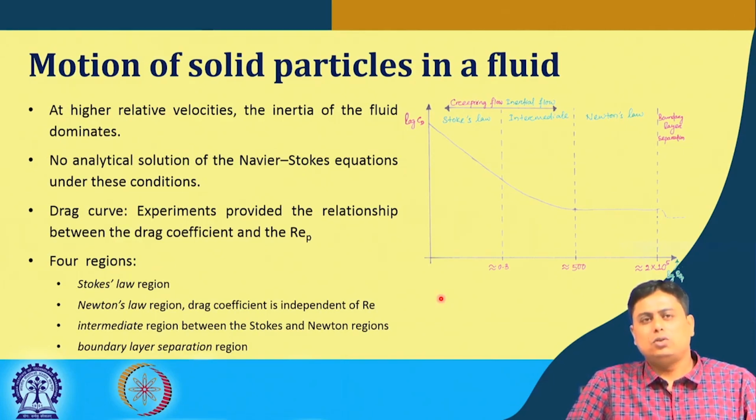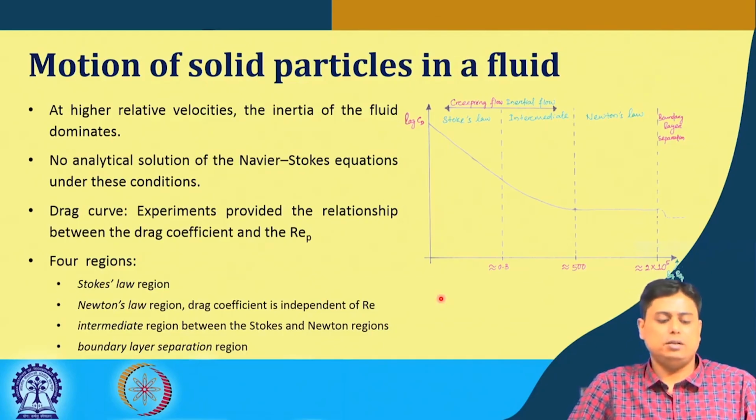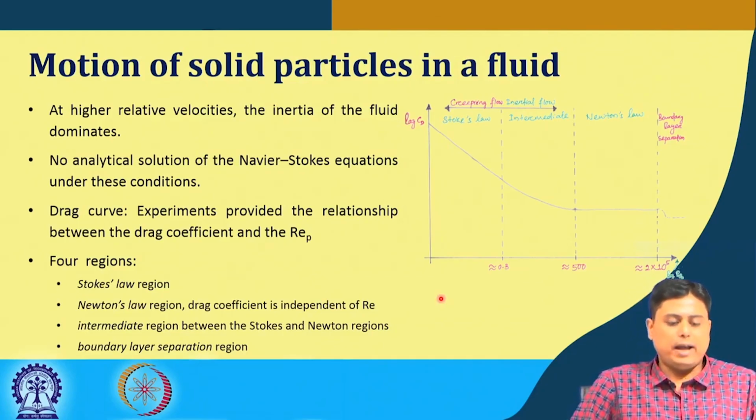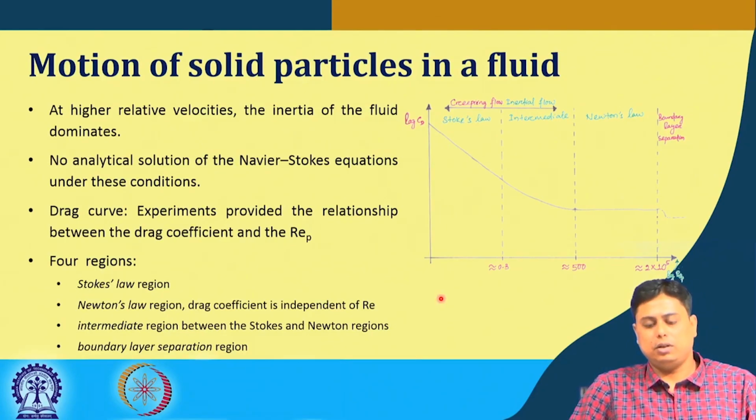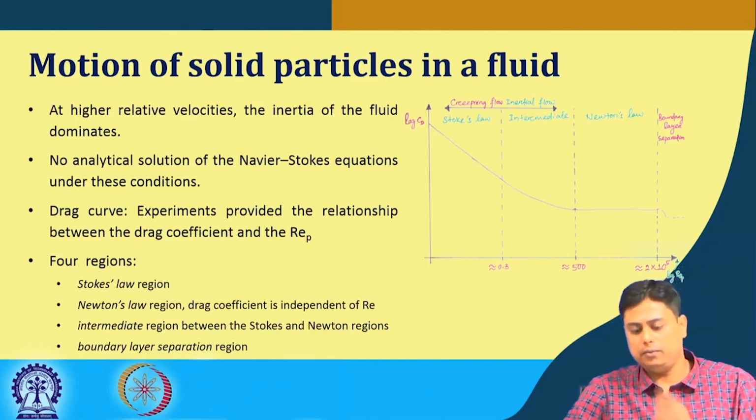Okay. So, typically what happens, the drag curves have been developed for such scenarios. The experiments provided such a relationship between the drag coefficient and the particle Reynolds number, which is shown here.